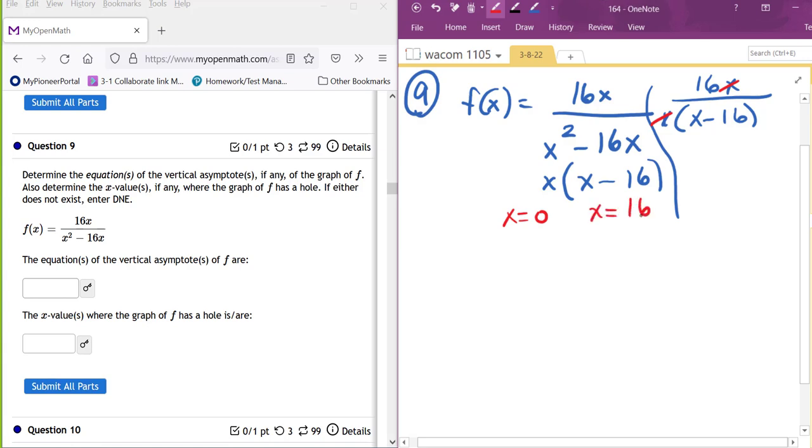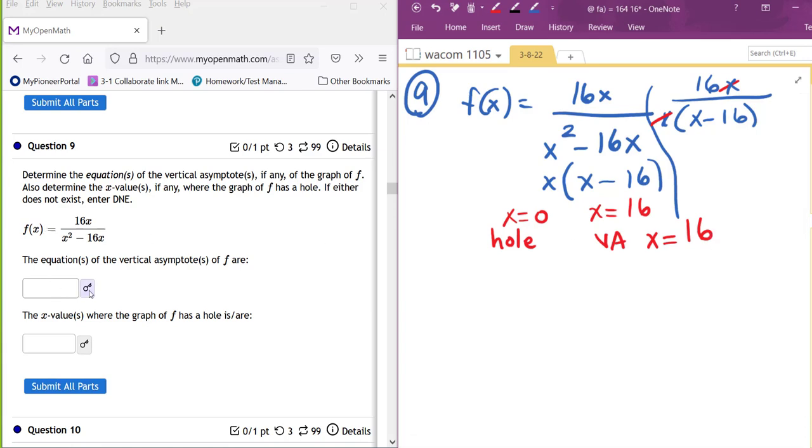Add your 16 to both sides. This one gives you a hole at x equals 0. This one gives you a vertical asymptote at x equals 16. And it's because the x canceled. So that's how you determine a hole. So our vertical asymptote is just x equals 16, and the hole is at 0.